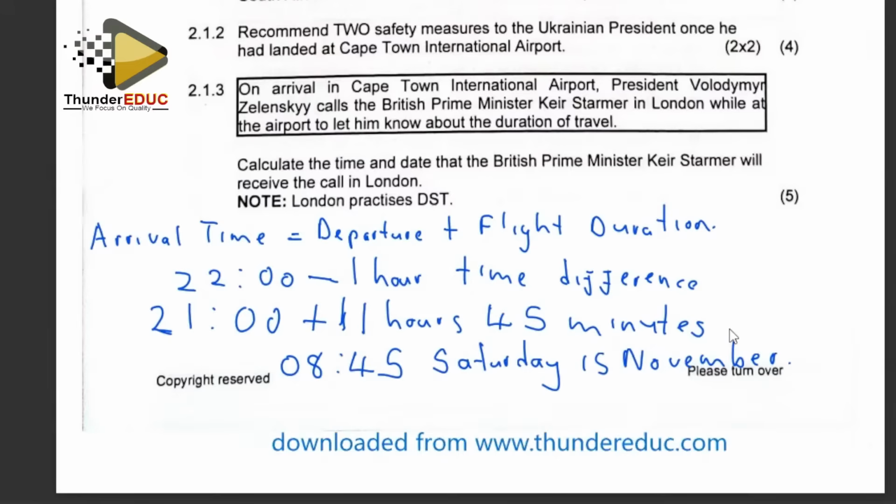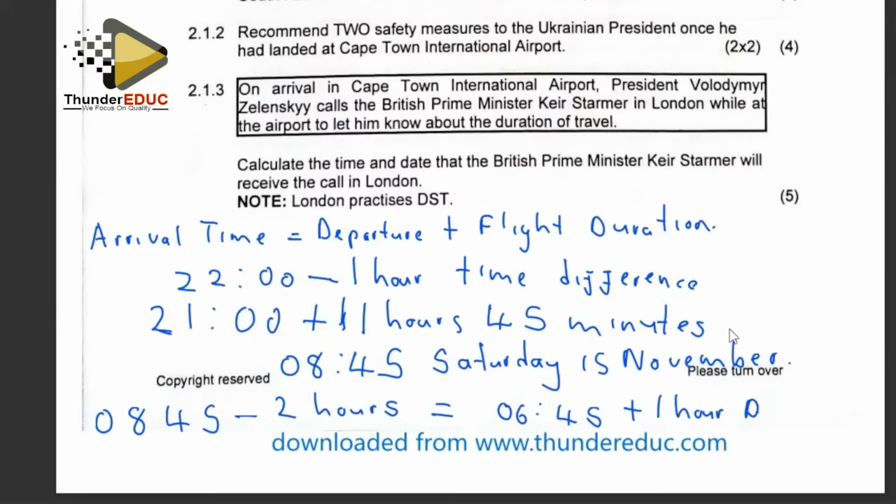So what we do with our 2 hours is we say 8:45 minus 2 hours will give us 06:45. Then we add plus 1 hour for daylight saving time, DST.